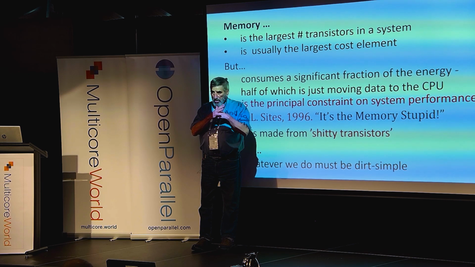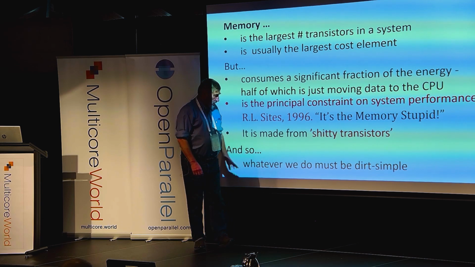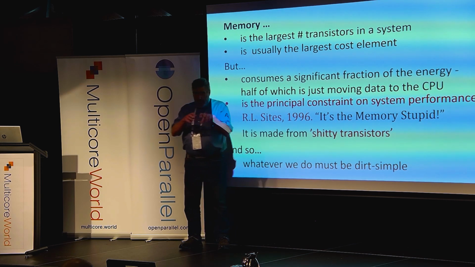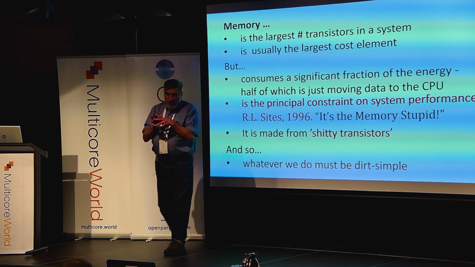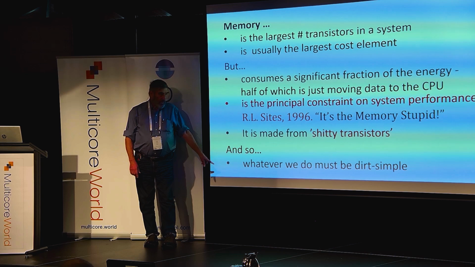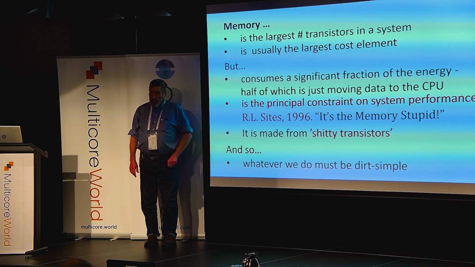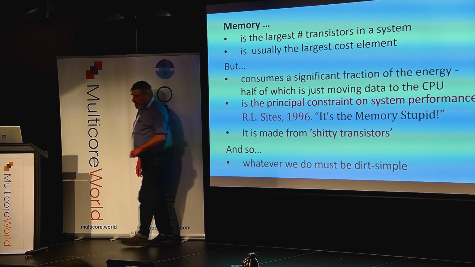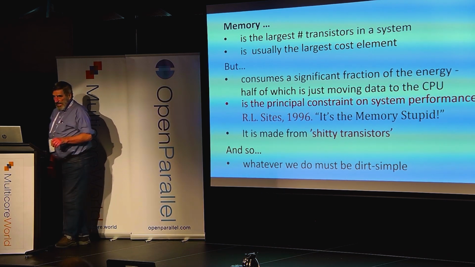There is no middle ground. So if we think we're going to take some functionality away from the CPU and move it to memory, it better be simple. Dirt simple. Because these shitty transistors ain't going to do it for you.